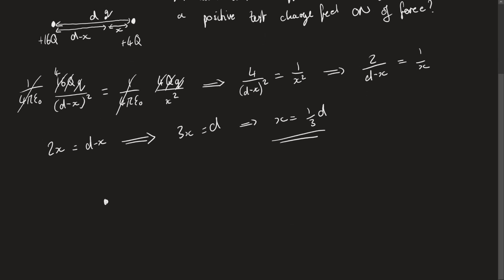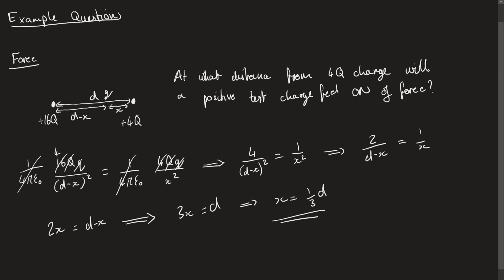If I were to have a positive charge here and a negative charge here, the positions where the force due to the negative charge will be the same as the force due to the positive charge, but in the opposite direction, will be either over here somewhere or over here somewhere, not between the two, okay? So they will mostly get you to do this kind of question when you're looking at two like charges, okay?